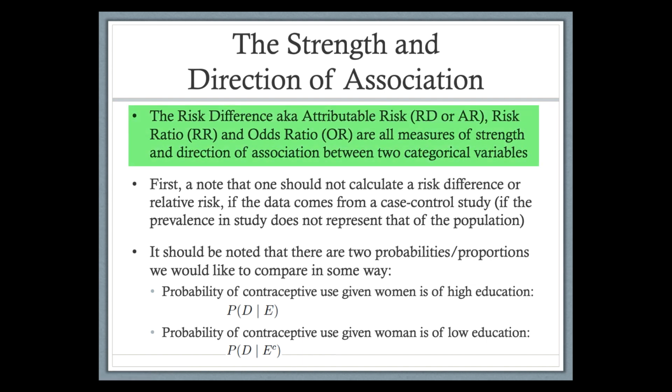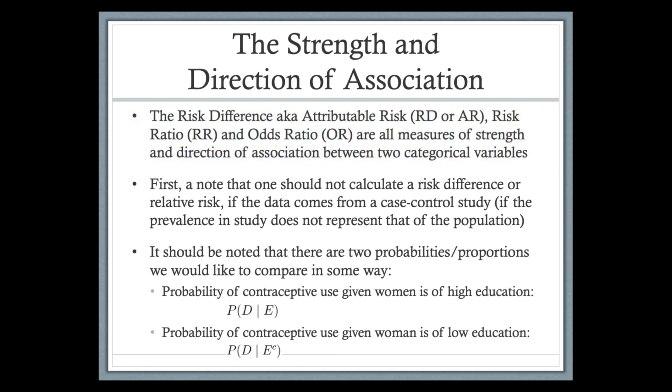The three measures we're going to talk about are the attributable risk, sometimes called the risk difference, the risk ratio or rate ratio, as well as the odds ratio. These all measure the direction and strength of association between categorical variables. And actually, as we progress, we'll see the X variable can be numeric. It doesn't need to be categorical.